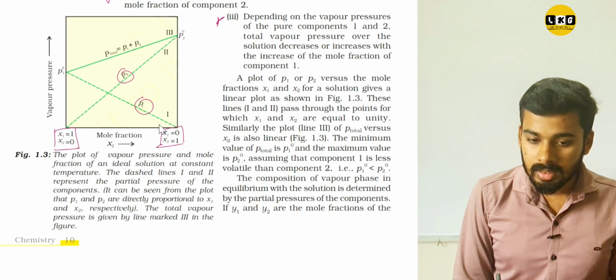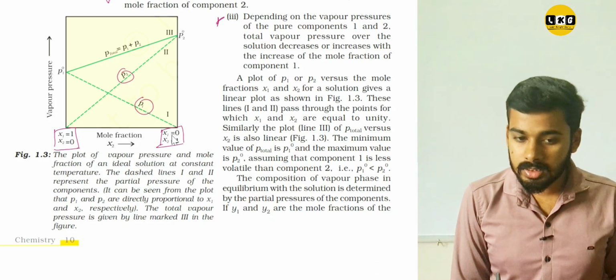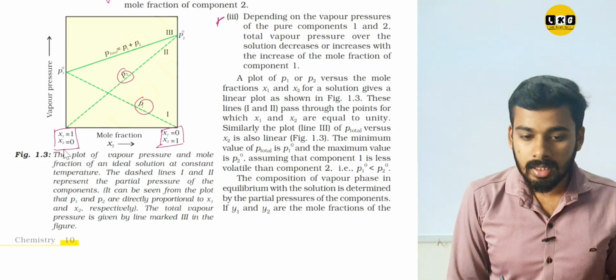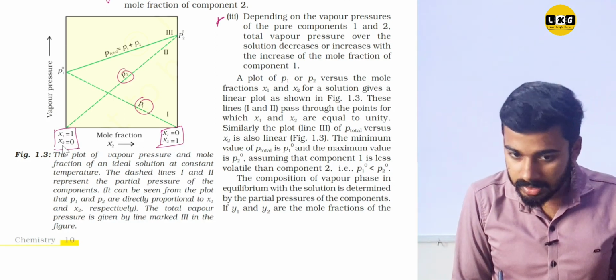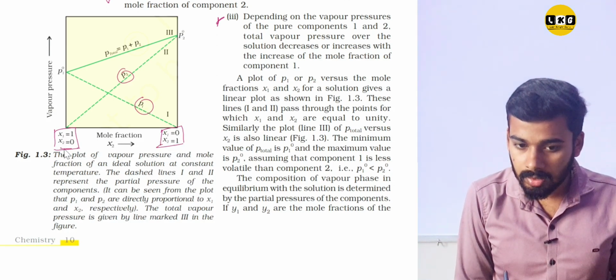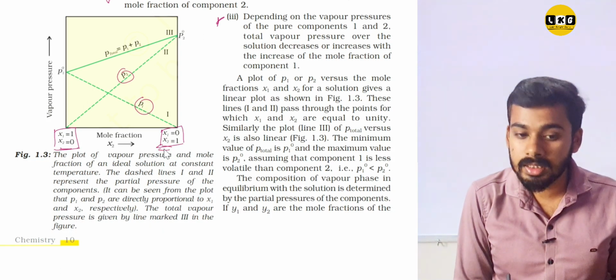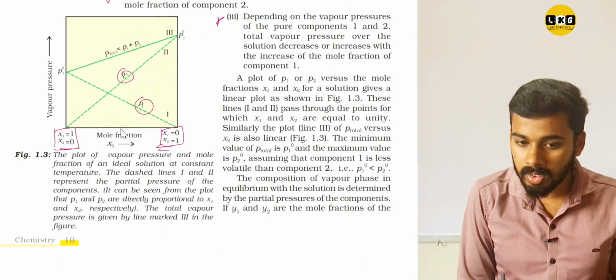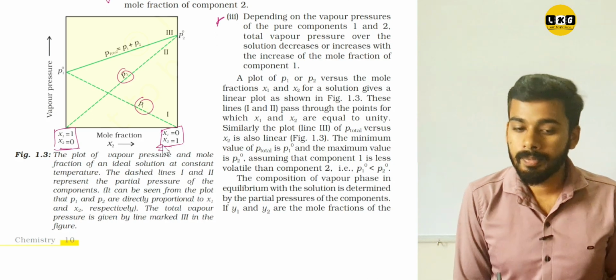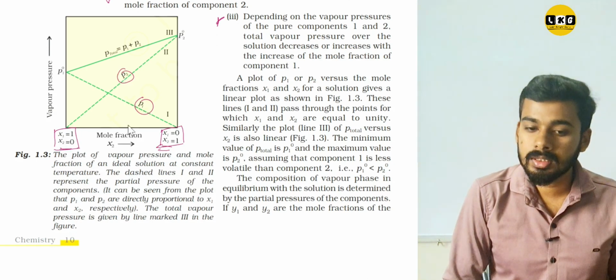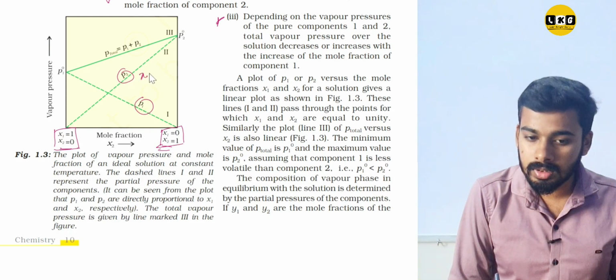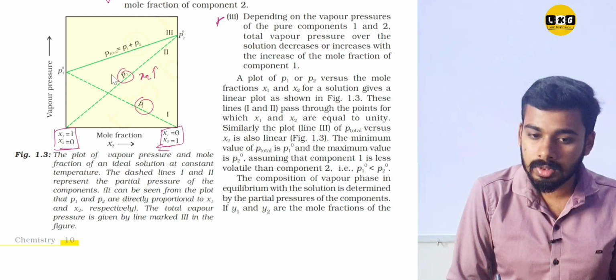That means going from this side to this side, X1 goes from 0 to 1. From here, X2 goes from 0 to 1. See, X2 increases along the x-axis. Here it was 0, and at this point X2 is 1. Therefore, as X2 increases, P2 also increases.